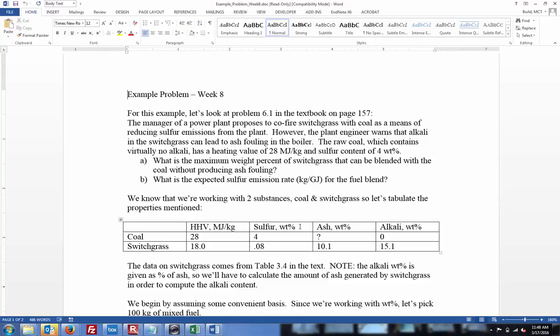The raw coal, which contains virtually no alkali, has a heating value of 28 megajoules per kilogram, and a sulfur content of 4%. What is the maximum weight percent of switchgrass that can be blended with the coal without producing ash fouling? It's a maximum proportion.